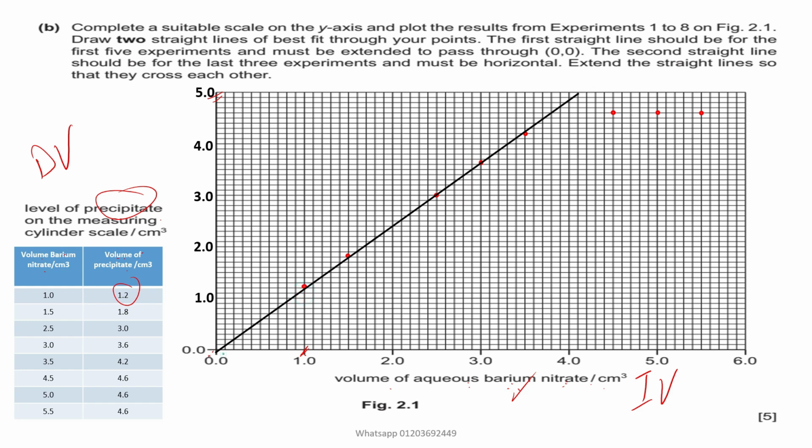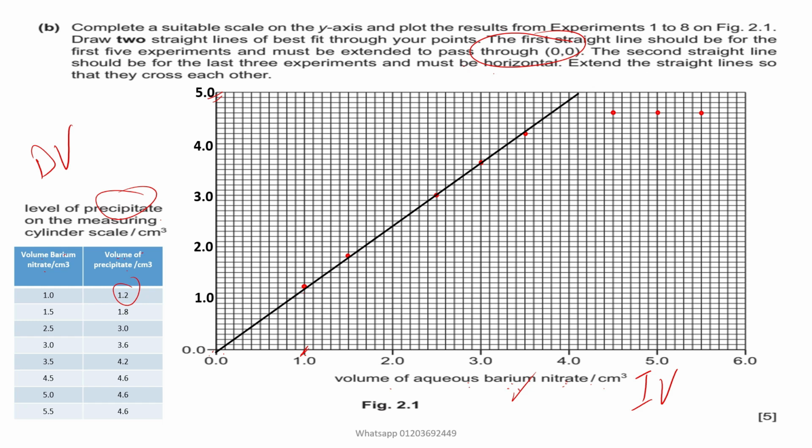Extended to 0 and 0 according to the question. He asked me to extend, but please don't extend without permission in your exam. You must plot the exact data provided, not extrapolation or extension of your lines. If the question doesn't ask you to extend, please don't extend your lines.